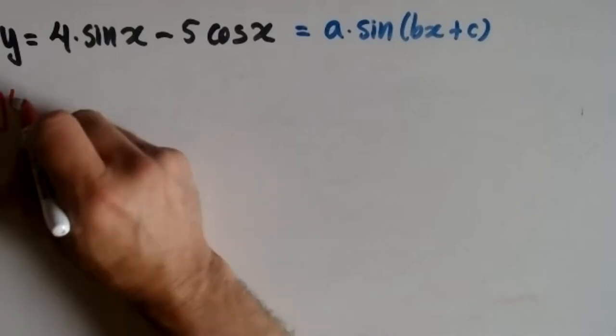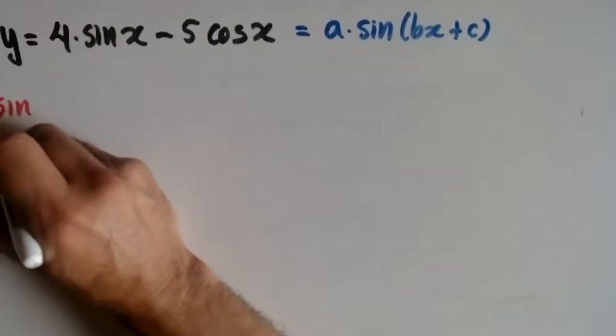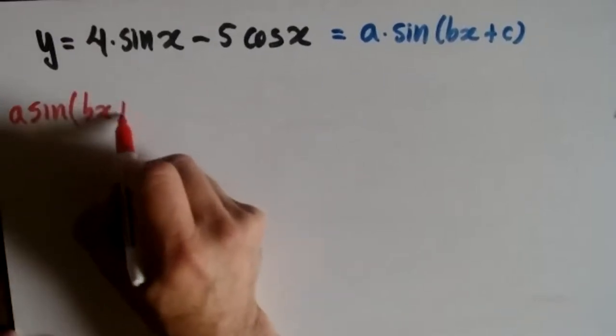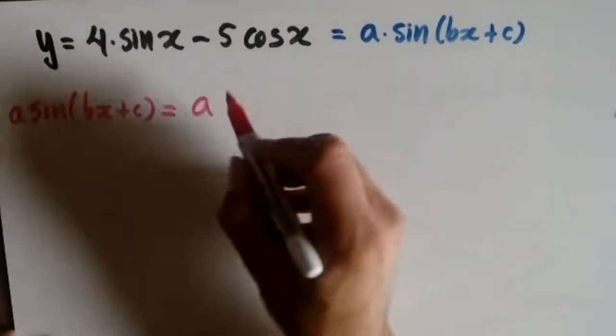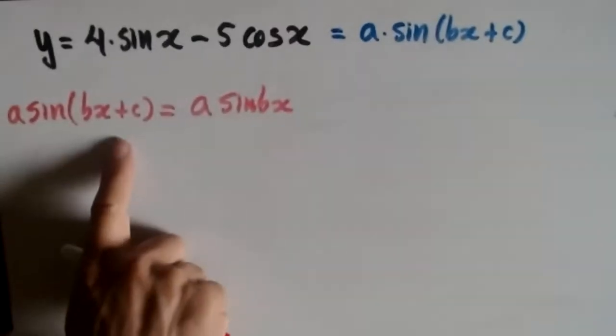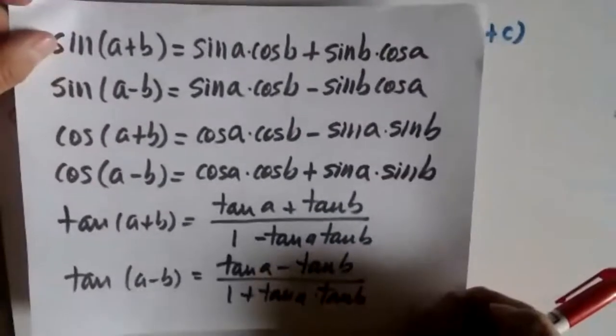So A sine of bx plus c is going to be A sine bx, right? Well, in this case, this is a minus, so we can use the plus or the minus. It's the same, right?